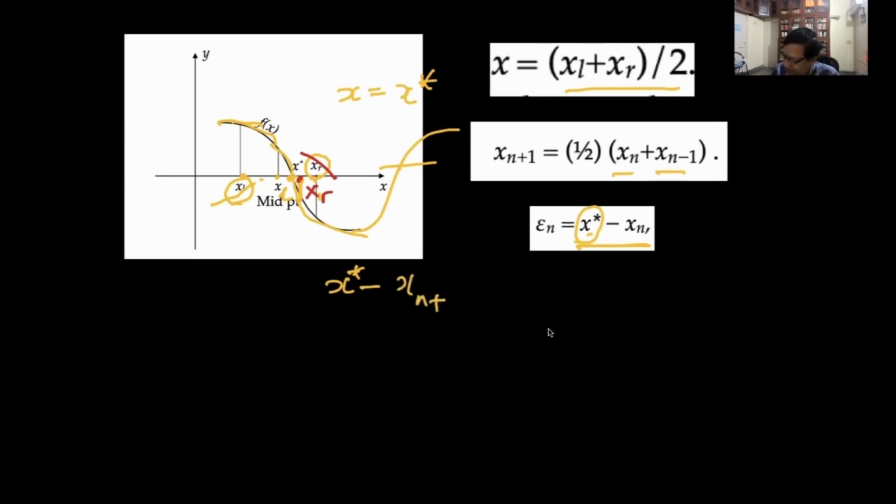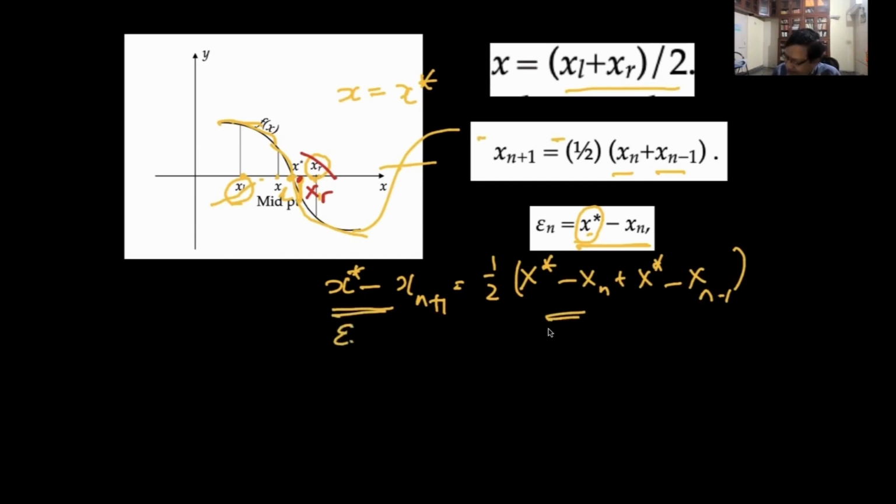So xn plus 1 equal to half of xn plus xn minus 1. Subtracting from x star, with a minus sign, this is x star minus xn plus x star minus xn minus 1. This is the error at the n plus 1th step: epsilon n plus 1 equal to half of epsilon n plus epsilon n minus 1.